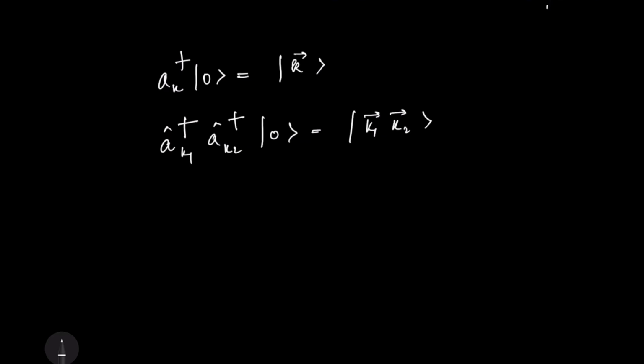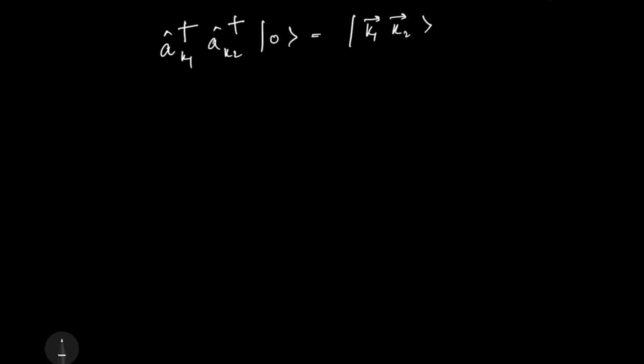So what is the physical interpretation? If you have a Hamiltonian acting on the lowest state, you will get 0. Then if you have a momentum operator acting on 0, you will get 0, right? So this is for the lowest state or the vacuum state.